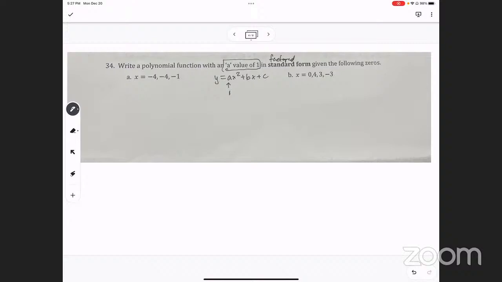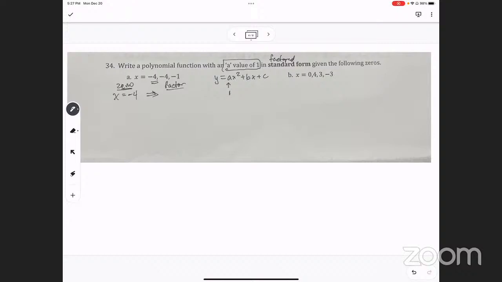So here's what factored form is. You can see every time you have a zero, each one of these zeros is related to a factor. So if my zero is -4, then my factor: solve that equation for 0, or set that equal to 0, and you'll have your factor.